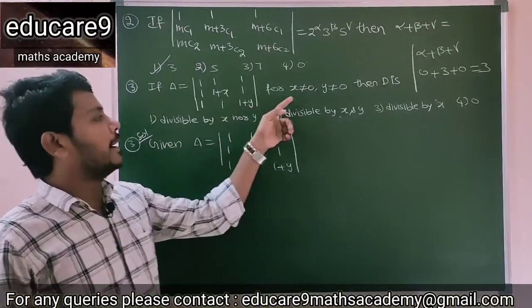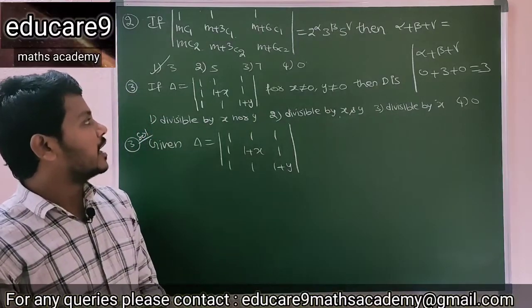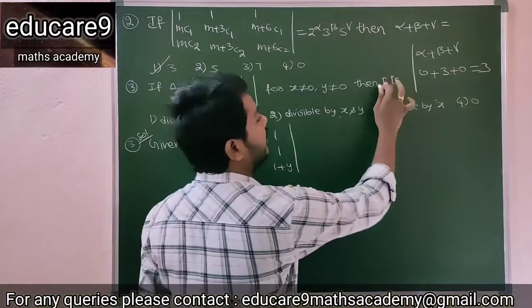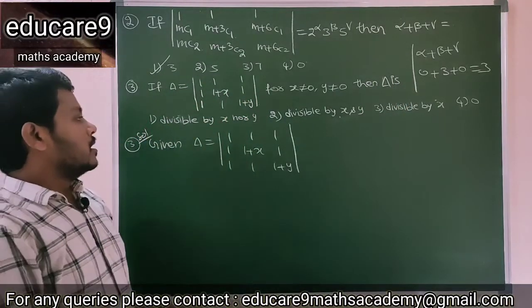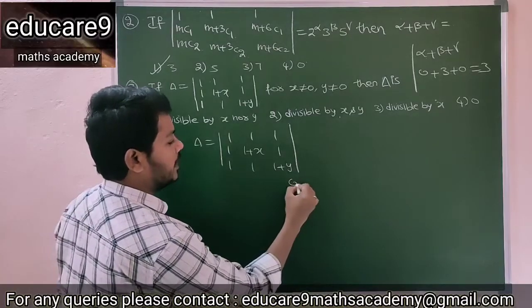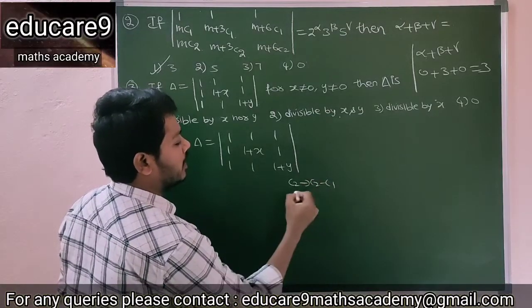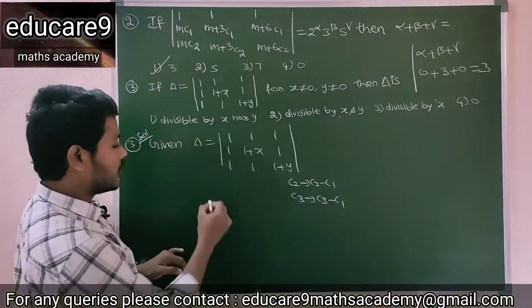Delta is given and x is not equal to 0, y is not equal to 0. Then find the value of delta. So this is the given thing. See here, C2 implies C2 minus C1 and C3 implies C3 minus C1. So what you get?